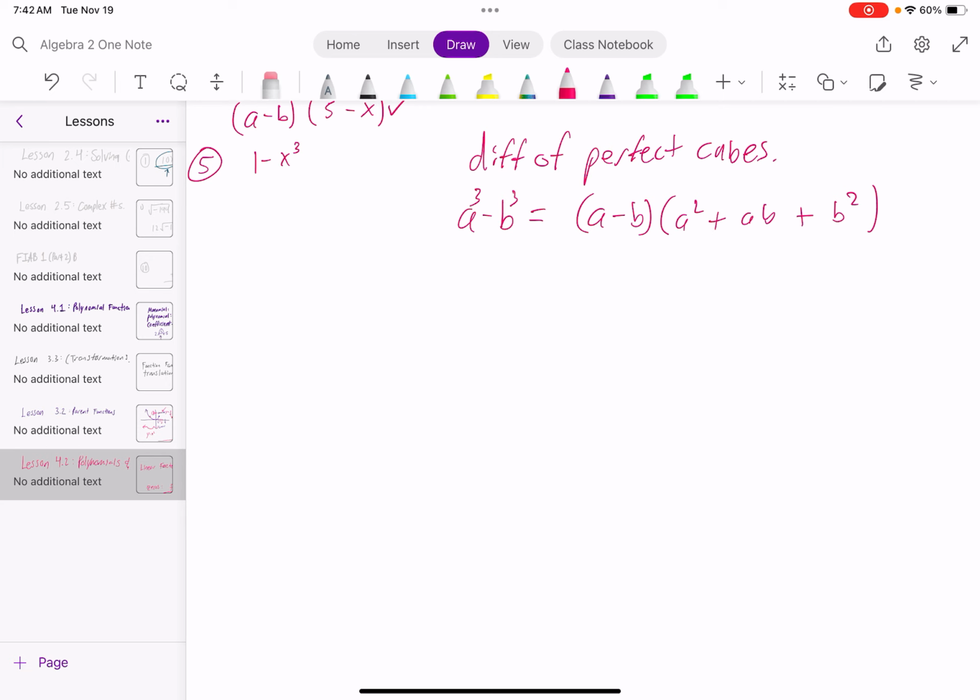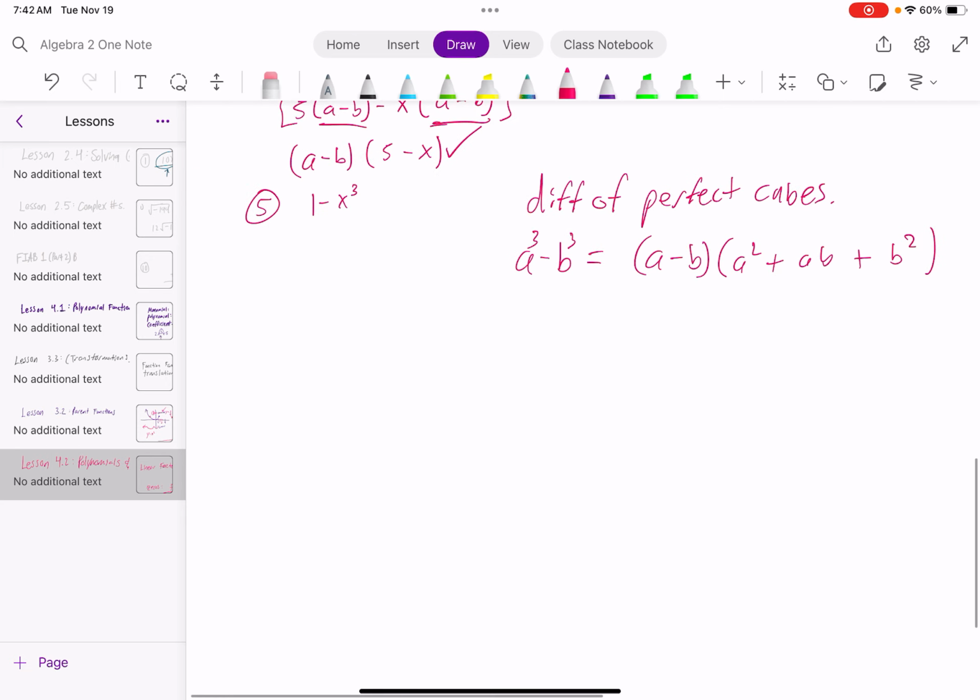Now, there's another one to memorize. There's a cubed plus b cubed, and this is the sum of perfect cubes. It's still going to be a and b here, still a squared, ab, and b squared. The only difference is now the negative sign is there.